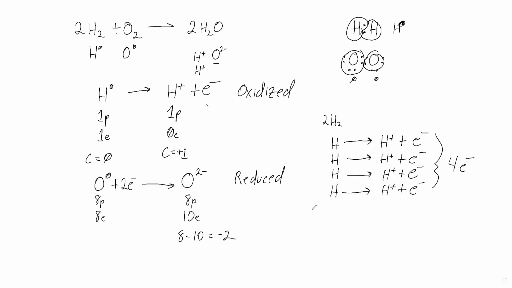And the oxygen atoms, there are 2 oxygen atoms, and each one of those took up 2 electrons to become oxygen 2 minus.